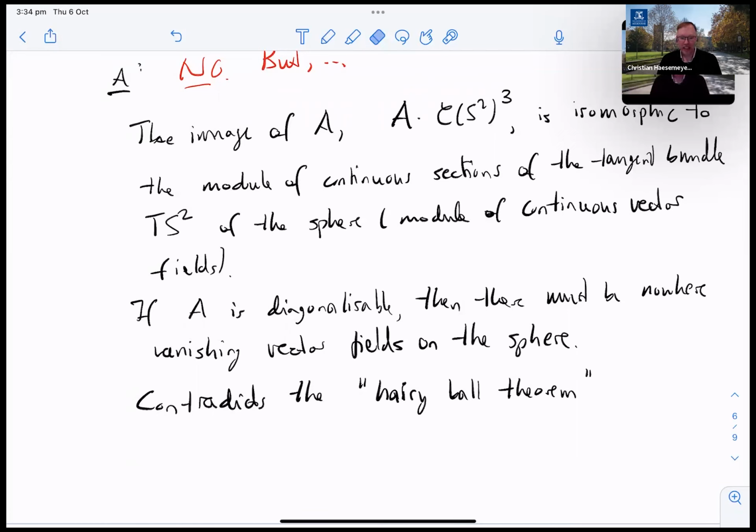We all have some little sources of hair on our head. You can't just comb it all the way around. Or, to give another example, there's always at least 2 points on the surface of the Earth where the wind speed is 0, because the Euler characteristic of the sphere is 2. So again, this means this matrix A is not diagonalizable.